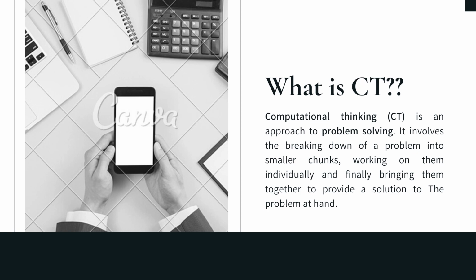By doing so, you are actually solving the main problem. So it's a problem-solving approach, which simply means you break down the main problem into smaller problems and solve each of these small problems, and by doing so you are actually solving the main problem that you have.